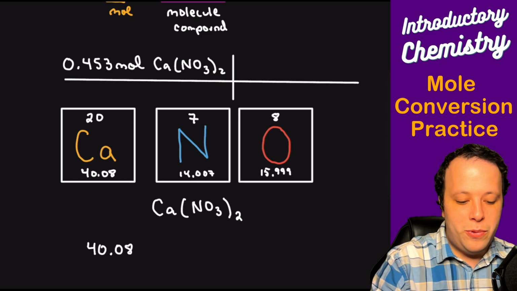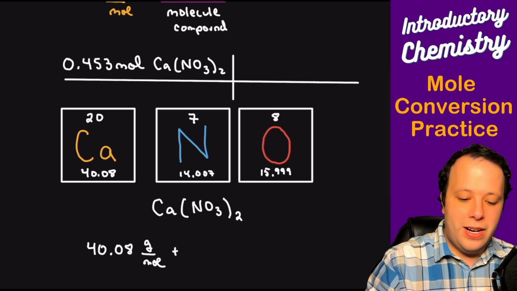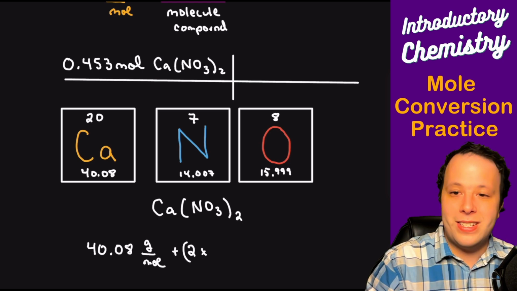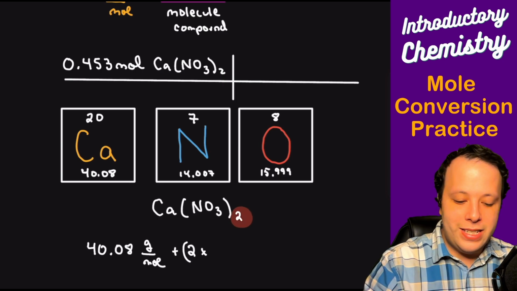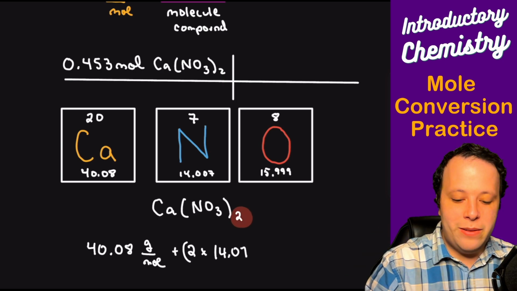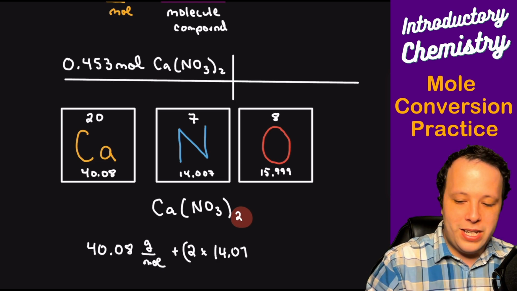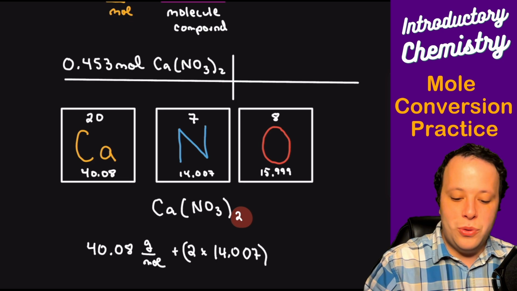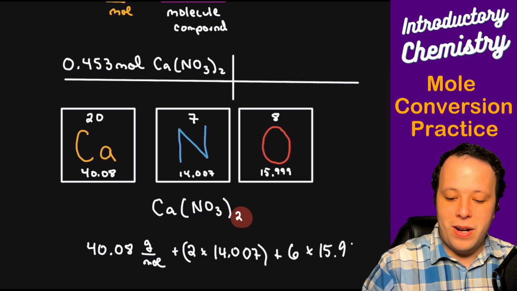So we have 40.08 grams per mole. We're going to add that to 2 nitrogens. We have 2 of those due to the subscripts in the formula, so that gets distributed: 2 times 14.007. And then we're going to add that to the 6 oxygens that are in this problem.